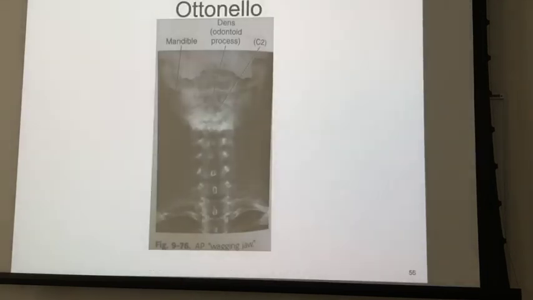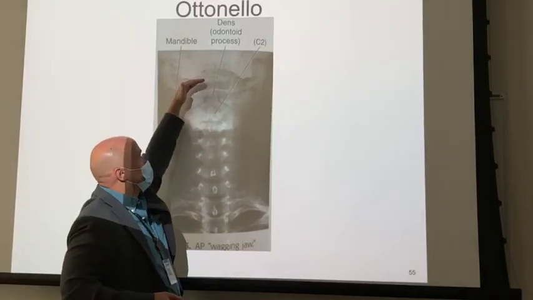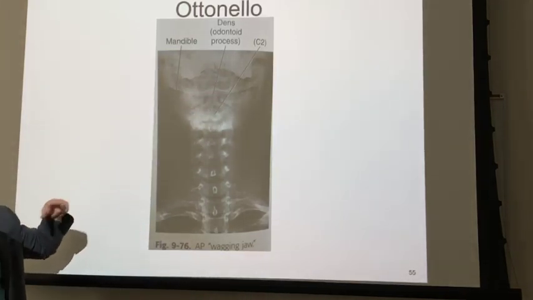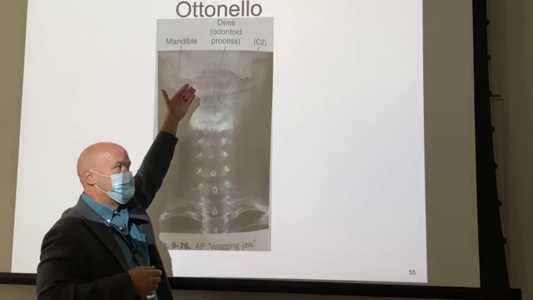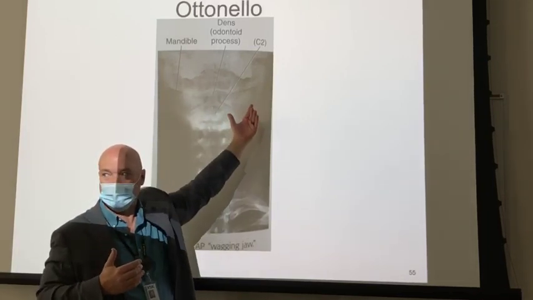But going back to this Ottinello method, could we get the tip of the odontoid on that? If we reshot that? Absolutely. Bring the teeth down. As you bring the teeth down, the base of the skull is going to go up. And it's really easy to overcorrect because the teeth are coming down at the exact same speed that the base of the skull is going up.